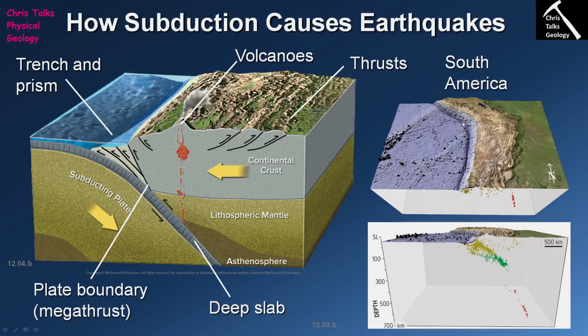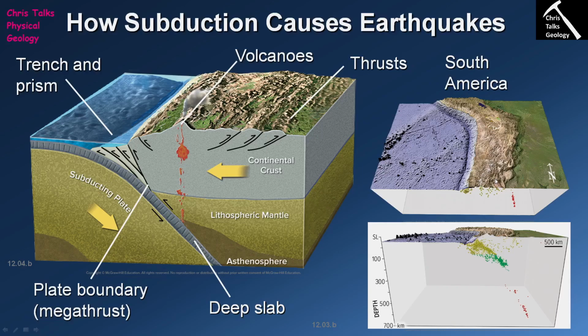Now, obviously, we know this area is going to be full of faults. It's going to be full of fault movement. There's going to be lots of volcanic activity, lots of magma movement taking place. So we know this area is going to be very, very rich in earthquake activity. So we can see that when we look at the diagram itself, we can see all of these yellow, red, and also some green spots, which we can actually see better down here.